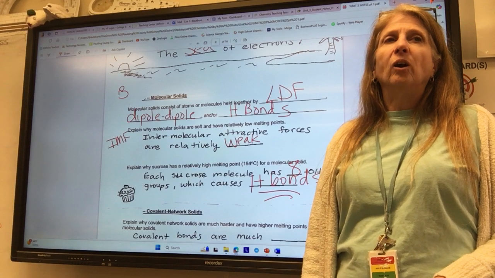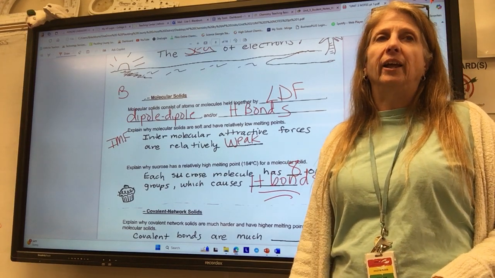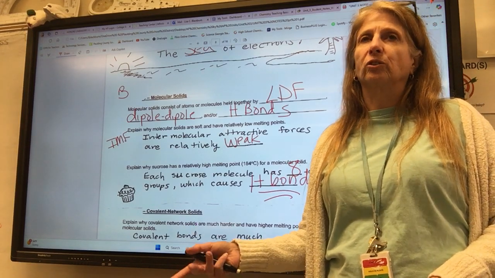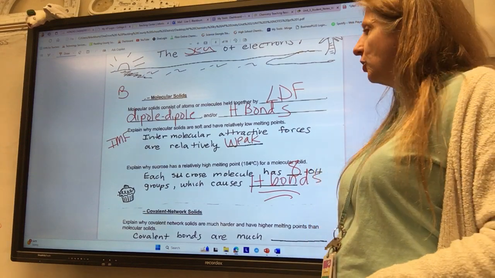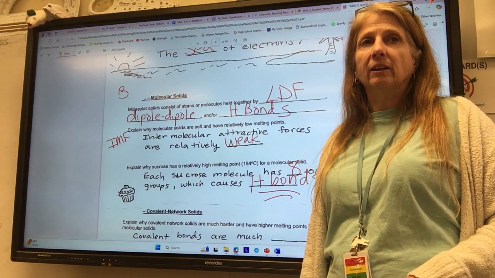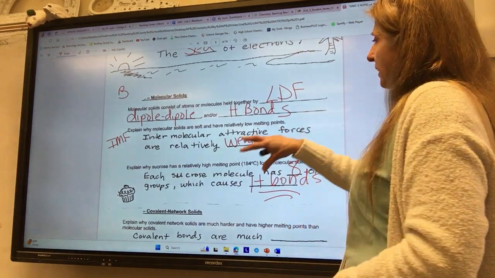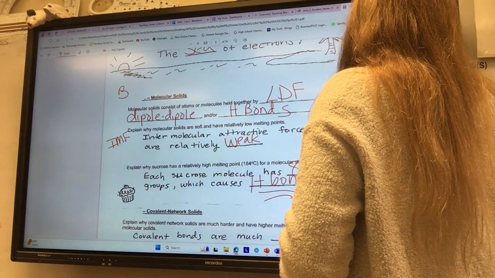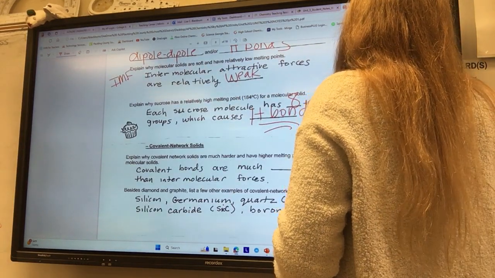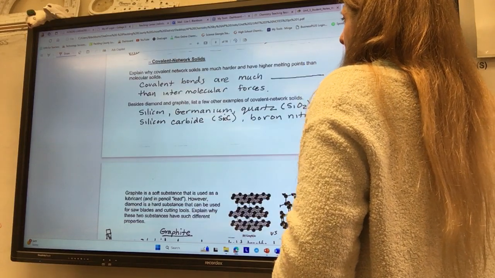And that's why wax is soft and sugar is hard. Sugar is so much harder to melt. Okay? Everybody sort of seeing? That's our standard, talking about how we look at these microscopic things and how they make how we can see it in our macroscopic world.